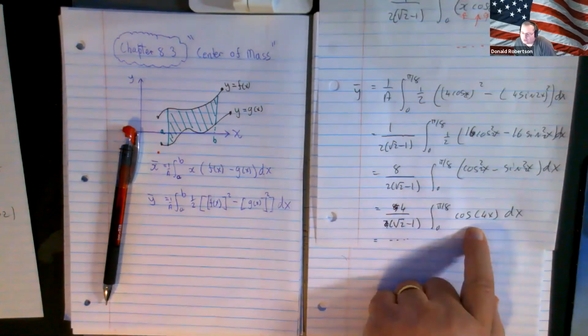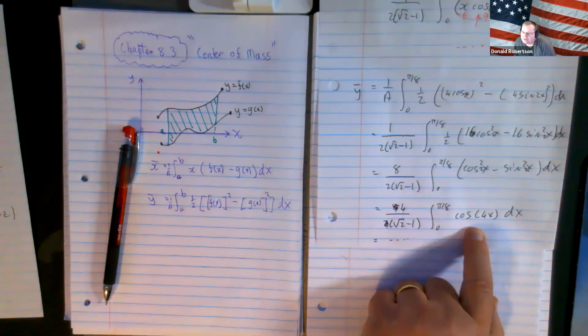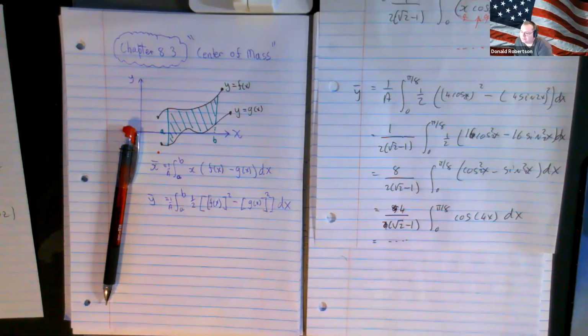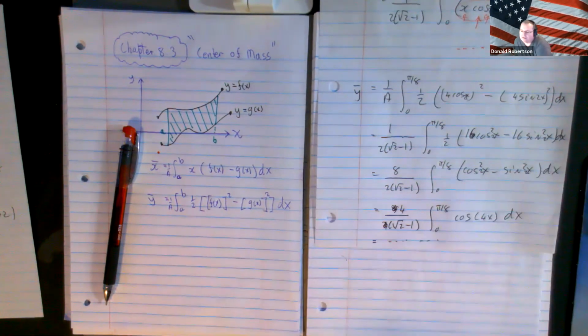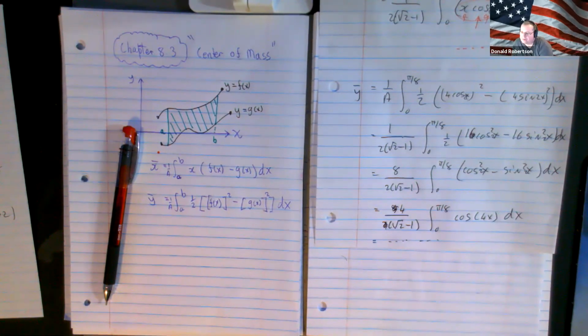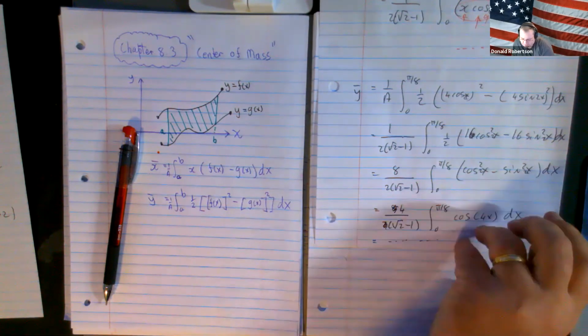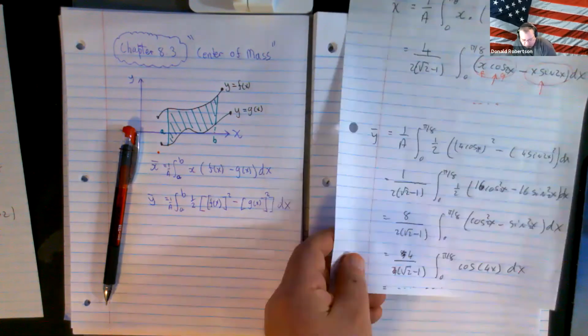If you want to integrate the cosine of 4x, won't the answer be the sine of 4x times a quarter? And so you can finish that off. Right, so hopefully I've given you a lot of a head start on how to do that guy.